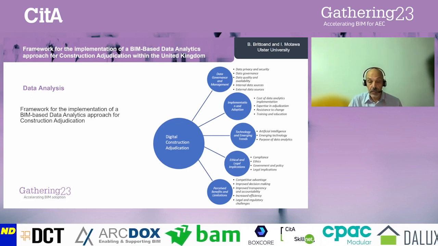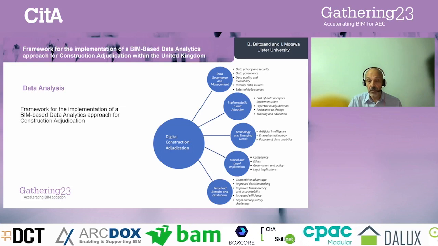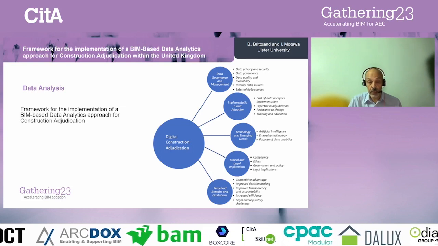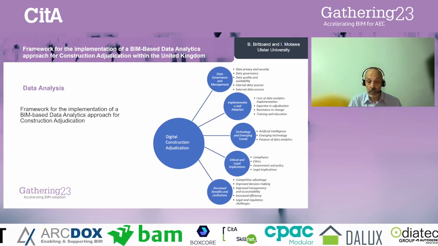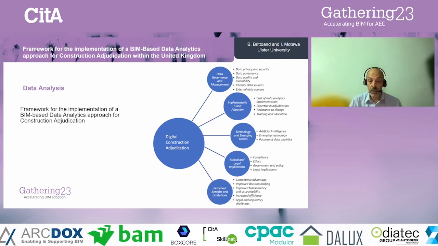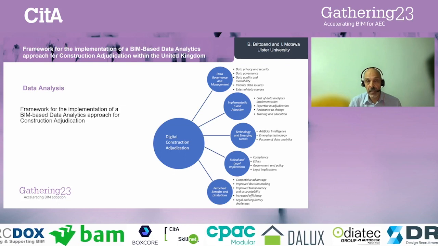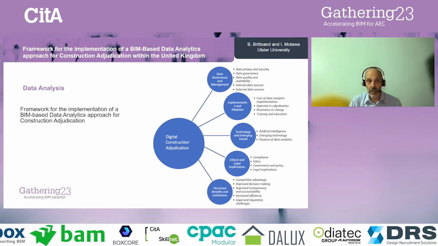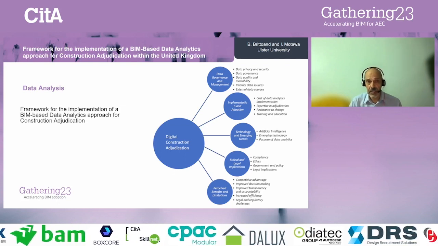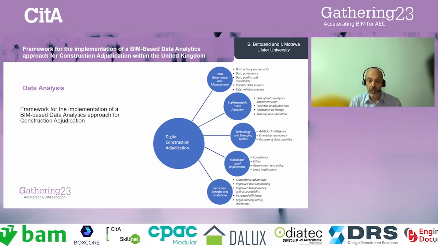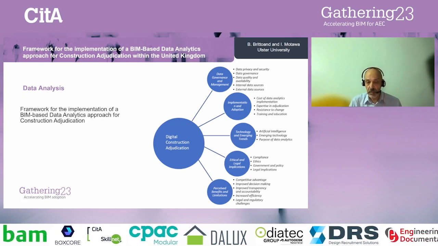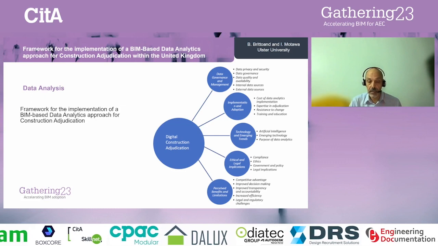The fifth one is related to perceived benefits, challenges and limitations, and it captures the potential benefits, the measures for measuring the performance of using such processes with data analytics, and the use of BIM as a central data source.